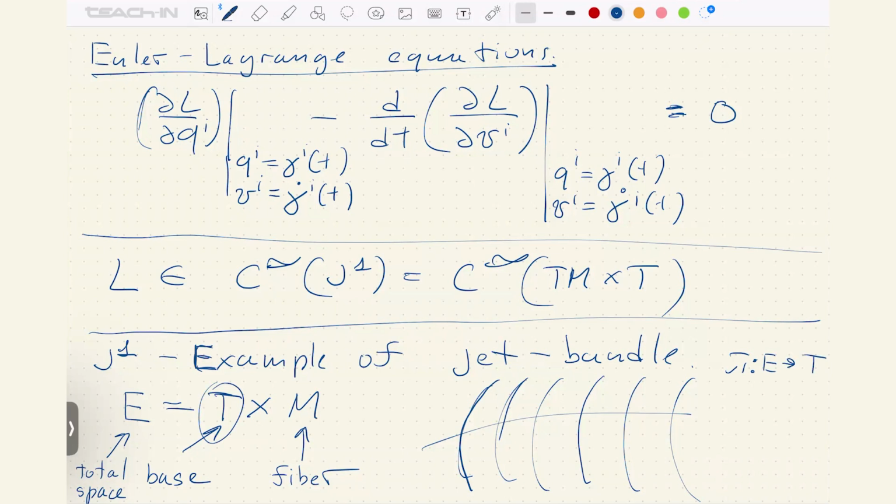Because what are elements of T times M? These are pairs, t from T and p from M. And pi applied to such a pair (t, p) gives us just t. So that's the standard projection on the first factor of a direct product.